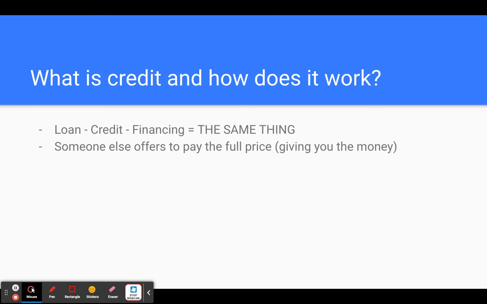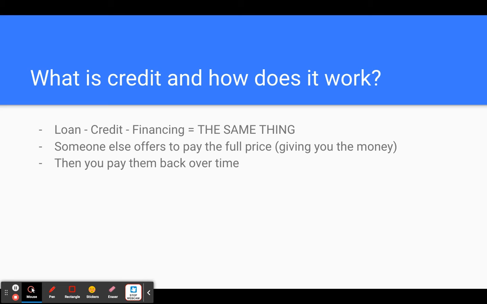Someone else offers to pay the full price, they give you the money. Okay, loan, credit, financing. Somebody offers to pay the full price for something, they give you the money to do so, and then you pay them back over time. Okay, you pay them back every month, usually is how that would work, over a set number of years.